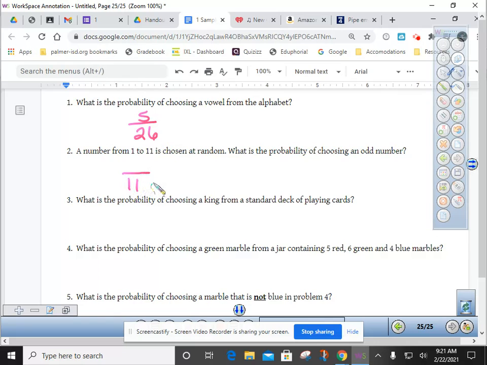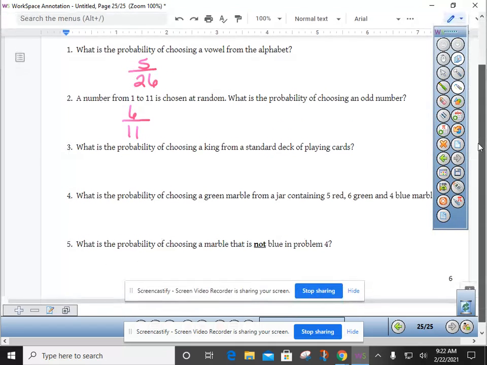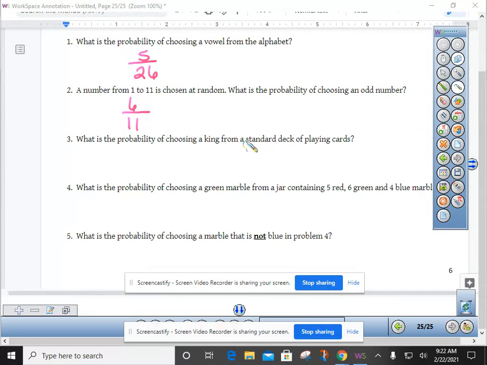And how many of them are odd? 1, 3, 5, 7, 9, 11. How many? 6. Is that lowest form? Yes. Good.